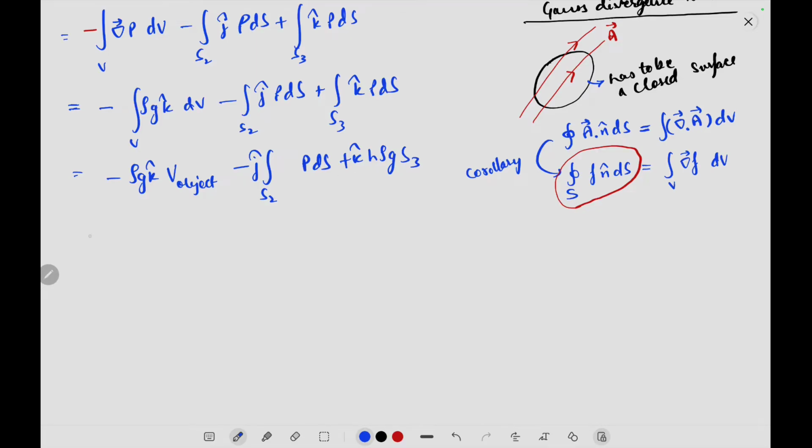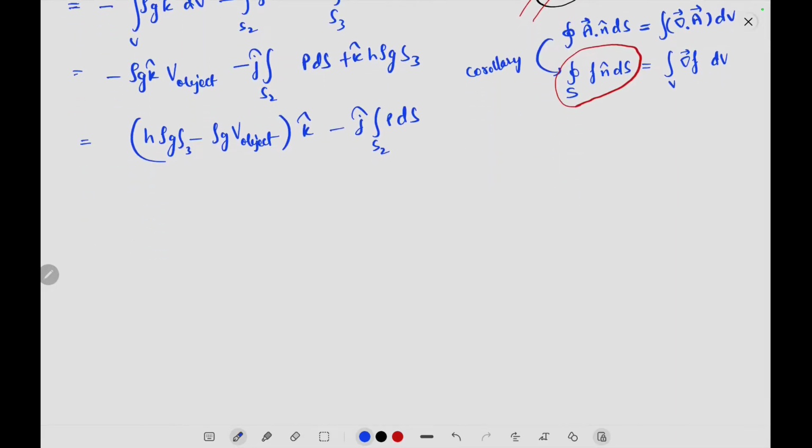So if we club the terms for k hat, this would become h rho g S3 minus rho g times the volume of the object, k hat, minus the integral over S2 of j hat p ds.